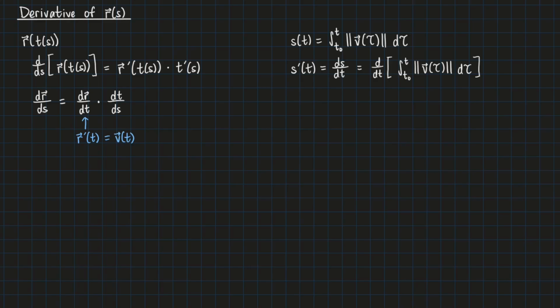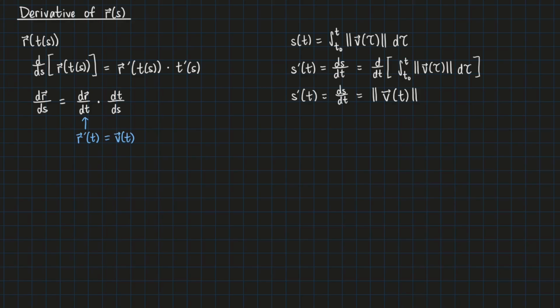And then we're taking the derivative of the accumulation function, and the variable of differentiation is t, and that's on the upper bound of the accumulation function. And then, according to the fundamental theorem of calculus 1, we'll be left with the integrand, but with the upper bound t as the independent variable.